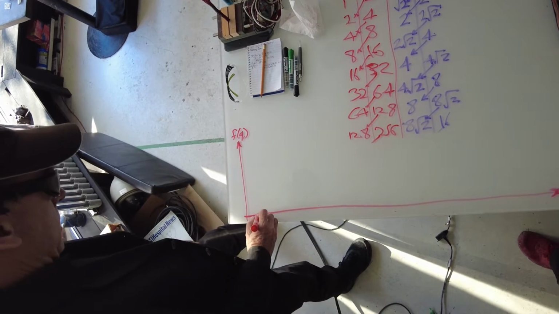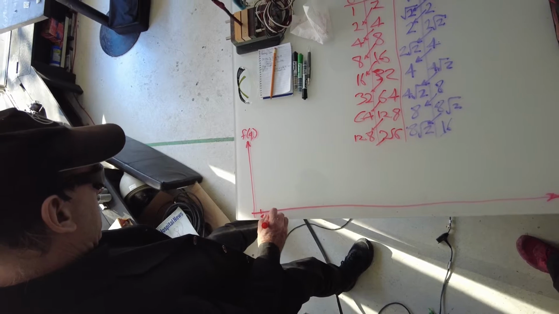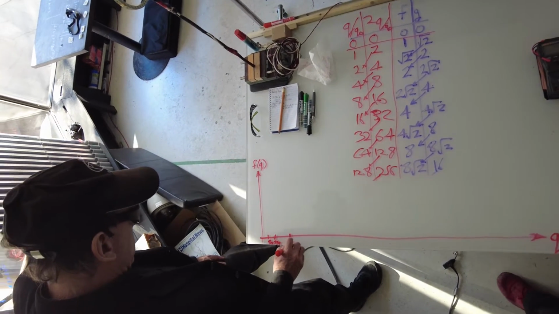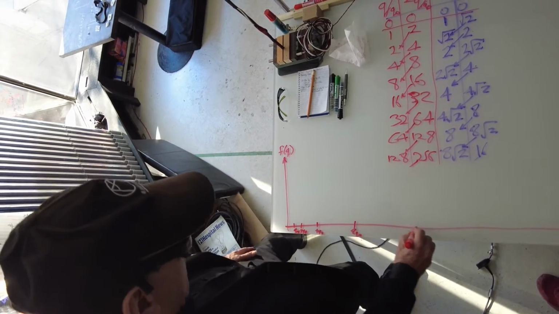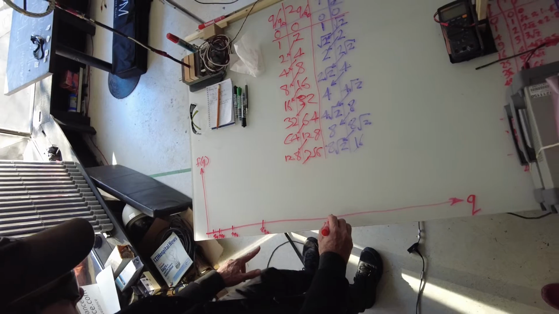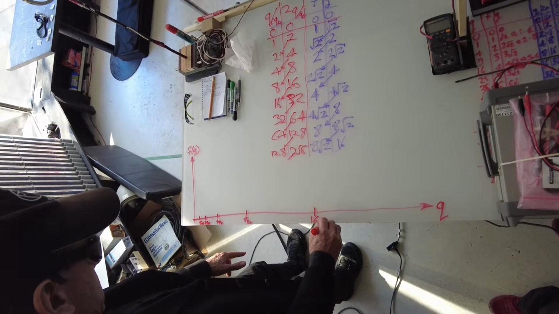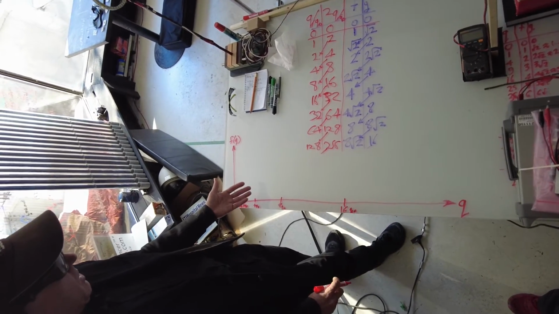And so we're going to have Q0 right here, and we're going to have 2Q0, and then 4Q0, and then 8Q0, and you can see this is a linear axis, and 32Q0, and so on. So we're going to have this axis here.